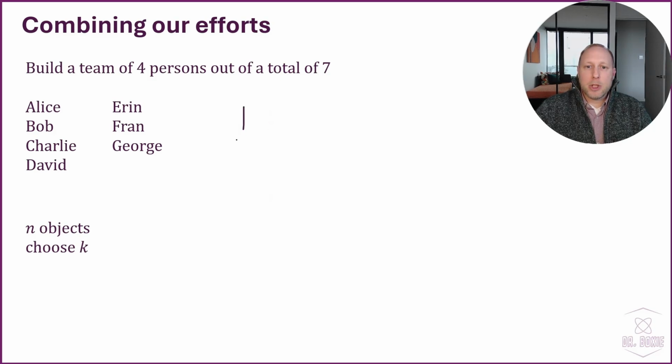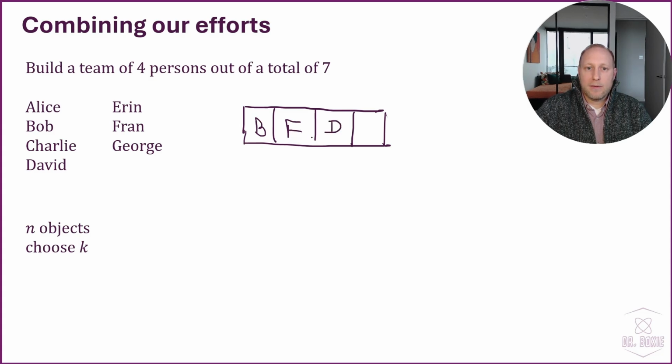Imagine that the team I create, I will represent it by a box with 4 smaller boxes in it. And the team I can create could, for instance, be Bob and Fran and David and Alice. But I could have created the same team by choosing those same 4 people, but in a different order.